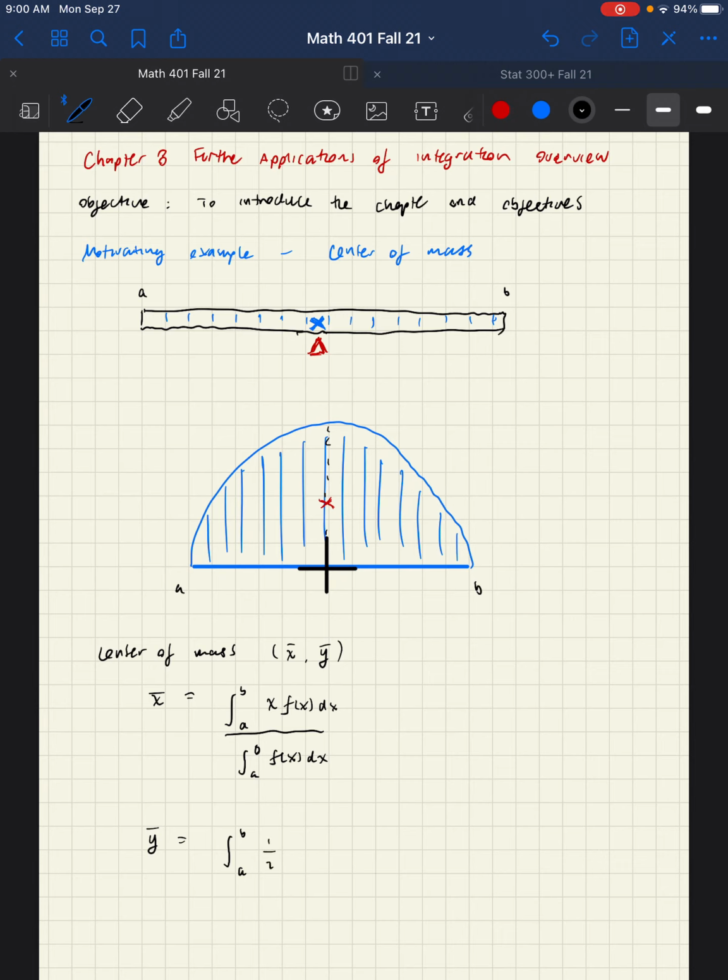And similarly, we do the same for the y coordinate of the center of mass, which is given by this expression. And we'll derive how this comes about.